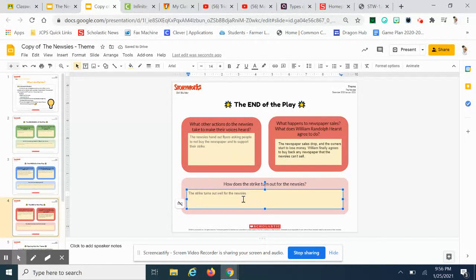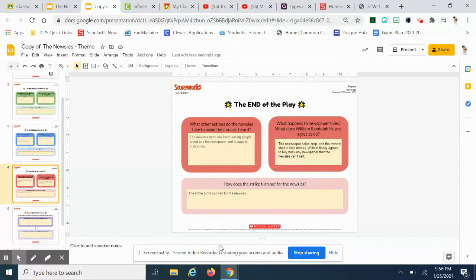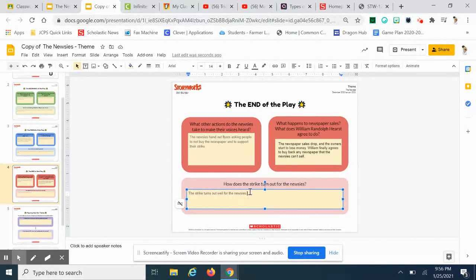Let's add on because they won't lose money on the papers they don't sell.